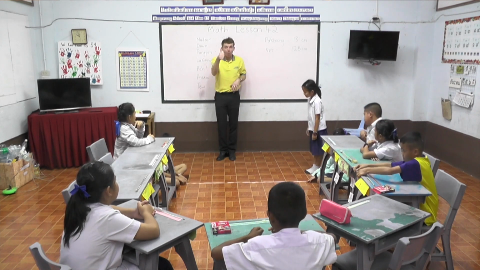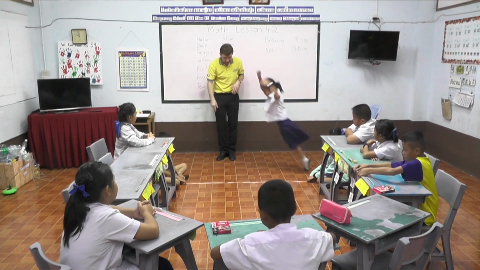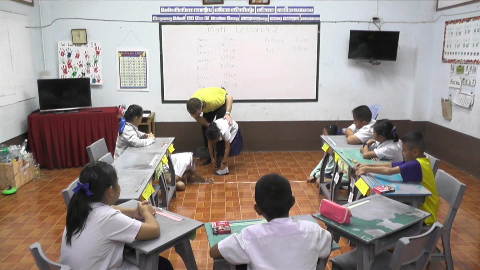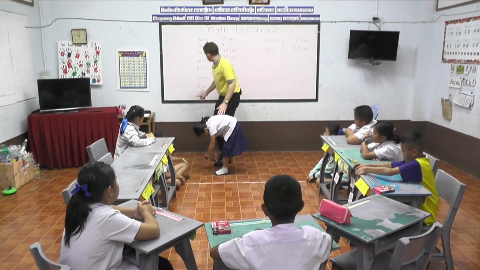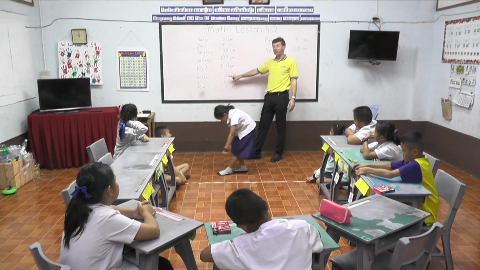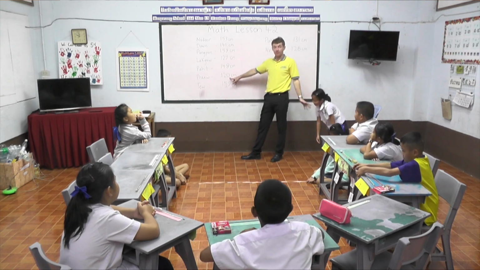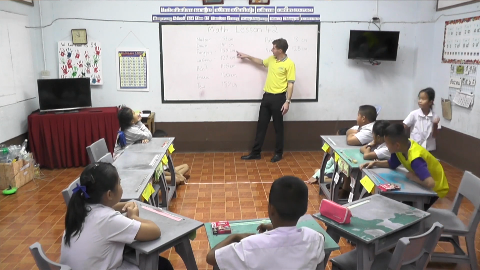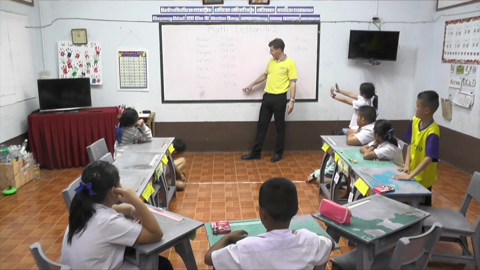Ready? 1, 2, 3. 118. So not quite so far this time. So we'll keep 120 for Prel. And next, Chu. So 159.